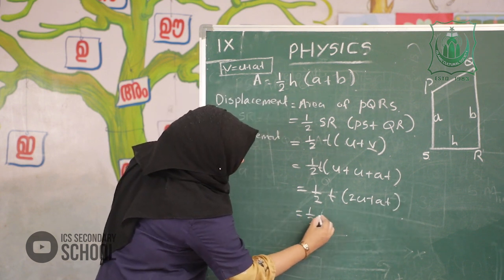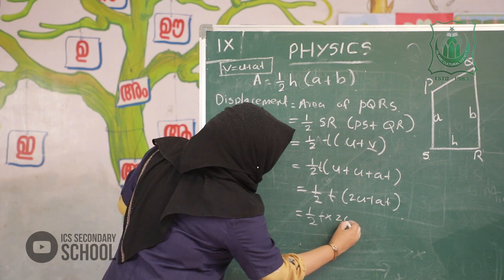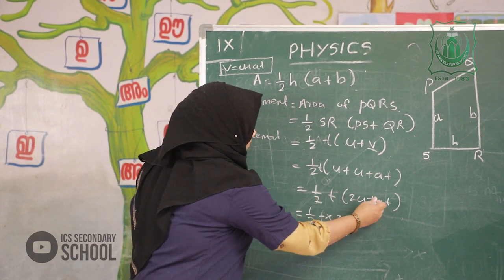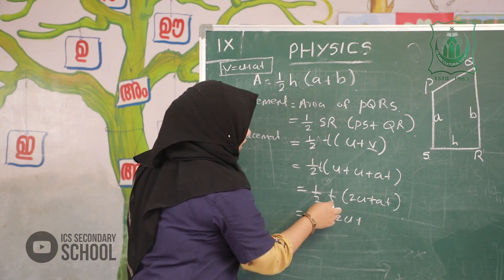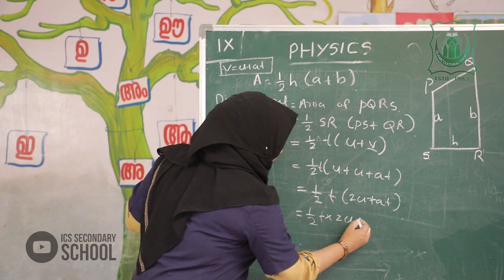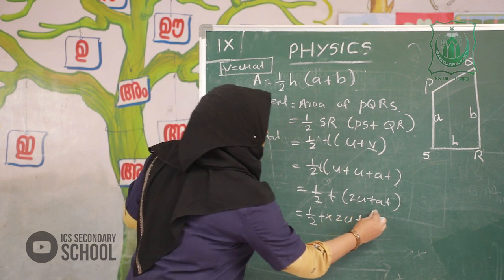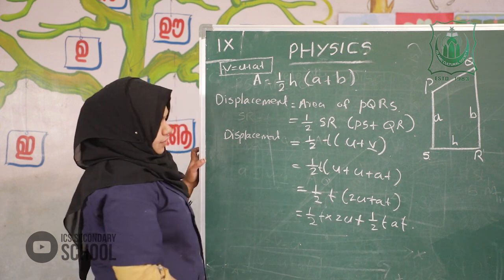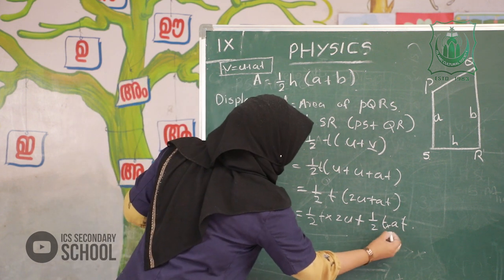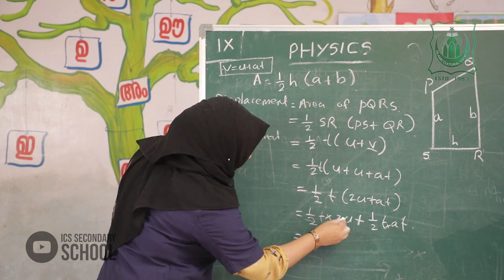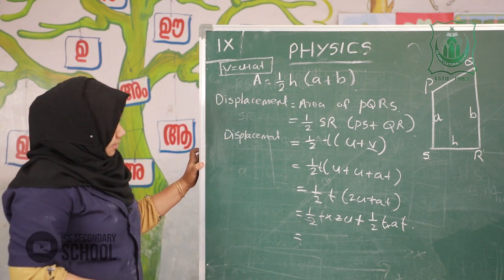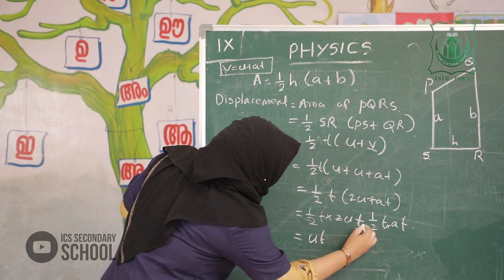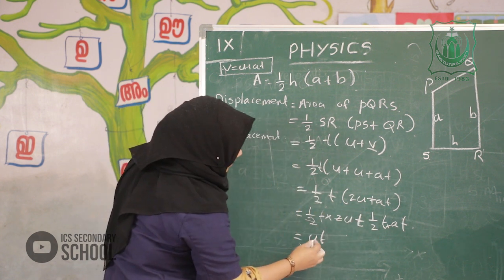Half T into 2U plus AT. We multiply half T into 2U plus half T into AT. So what do we get? This 2 and this 2 cancel each other. Then we get UT left. Got it?